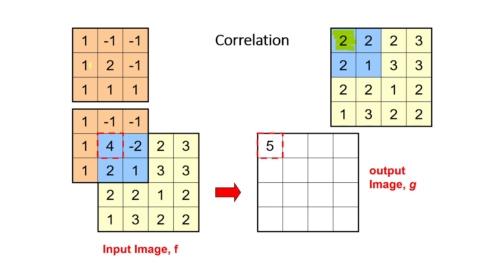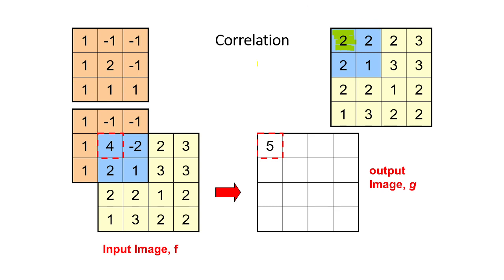Now putting on the mask, the kernel W, that is 1 minus 1 1, 2 minus 1 1, 1 1. This is the 3 by 3 mask matrix with some function to be applied on it.